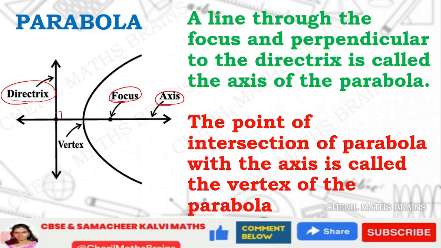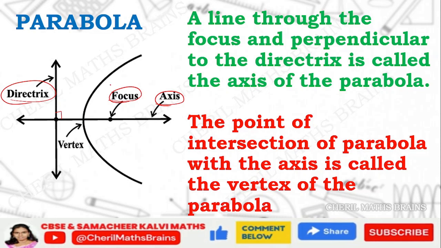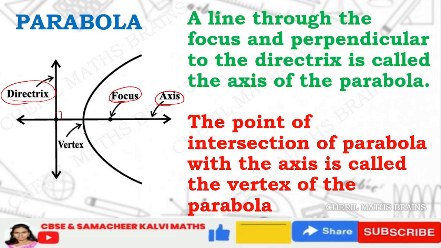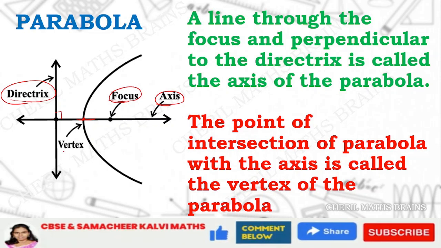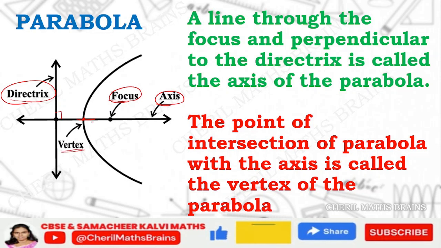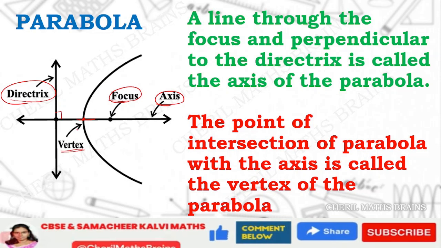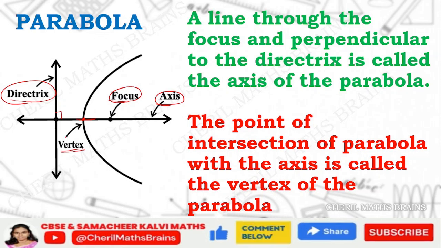And the point of intersection of the parabola with this axis is called the vertex. The point where the parabola and the axis intersect is called the vertex.